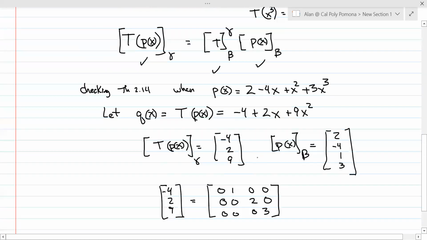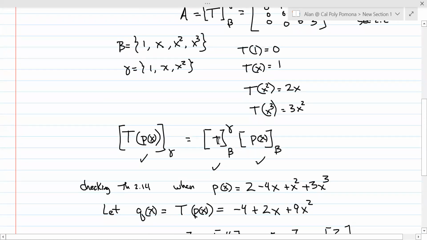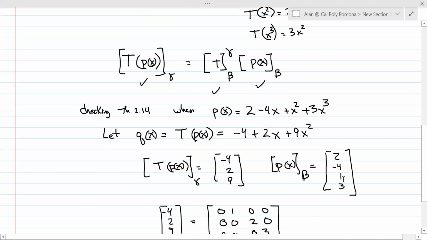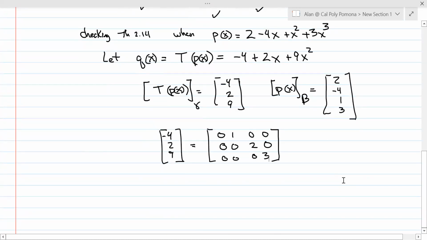So that's that matrix there, and then multiply it by the matrix that you get here, but we've already done that. That's equal to this thing, which is 4 by 1. And here it is, 2, -4, 1, and 3.